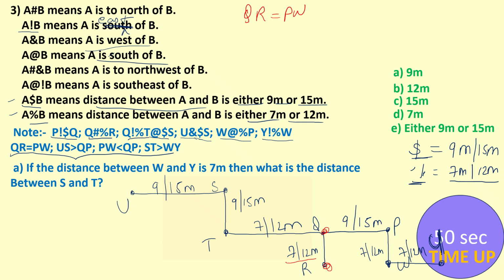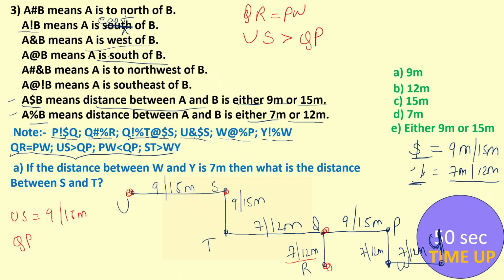Next condition they have given is that US is greater than QP. US should be greater than QP. Now, what is the distance of U and S? US distance can be 9 or 15 meter.